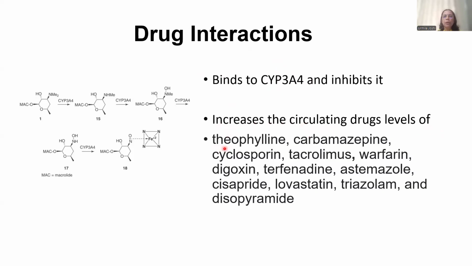And these include theophylline, carbamazepine, cyclosporine, tacrolimus, warfarin, digoxin, terfenadine, astemizole, cisapride, lovastatin, triazolam, and disopyramide. So many drugs are metabolized by cytochrome 3A4. This is inhibited, and so the circulating levels of these drugs increase. The troublesome part in this is theophylline, because theophylline has a very narrow therapeutic index.